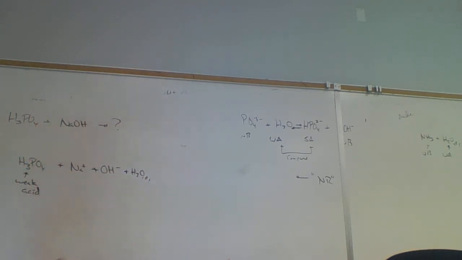And so what we're going to do is look for acid-base reactions here. Now, phosphoric acid, is that an acid or a base? It's an acid, obviously, from the name. Some acids can act as bases as well, like water. Water can go either way.